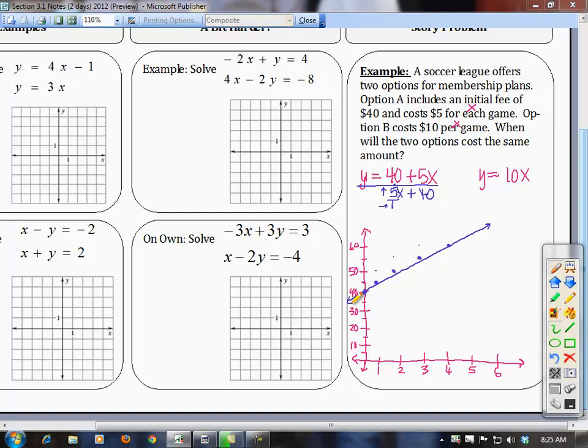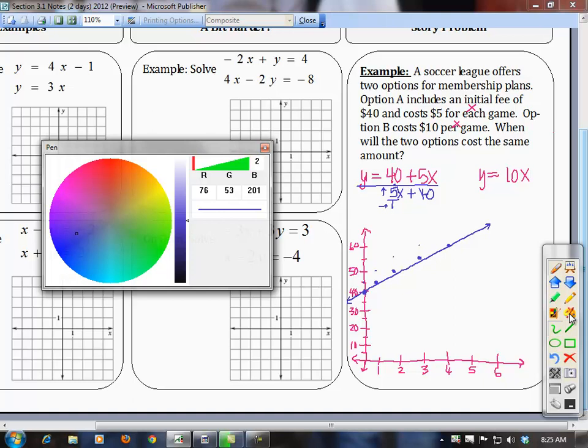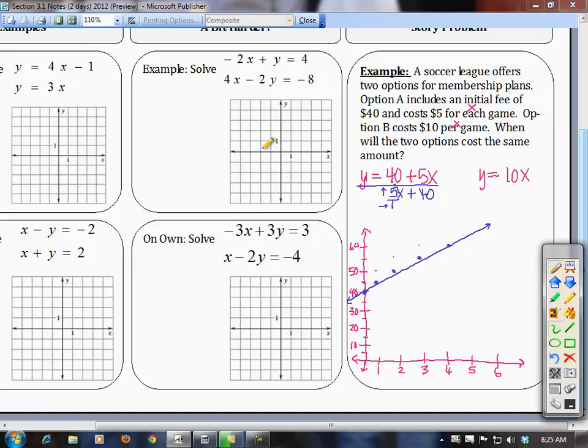In our second graph, let me change my color again. How about a green? In my second graph, you'll notice there's no b, so I could add a plus 0, which means I'm starting at 0, 0. Now this says go up 10 for every one I go over.